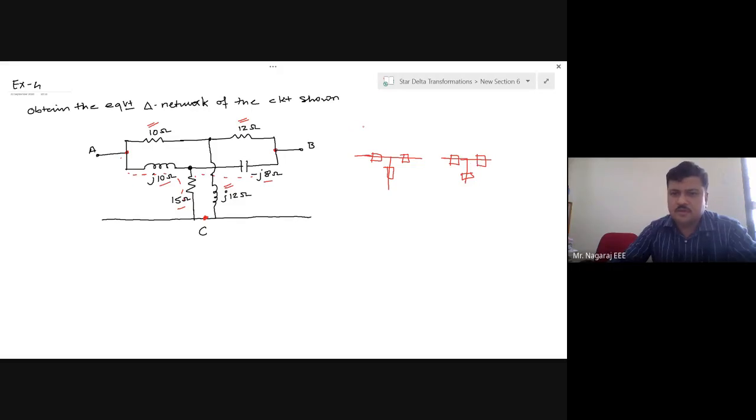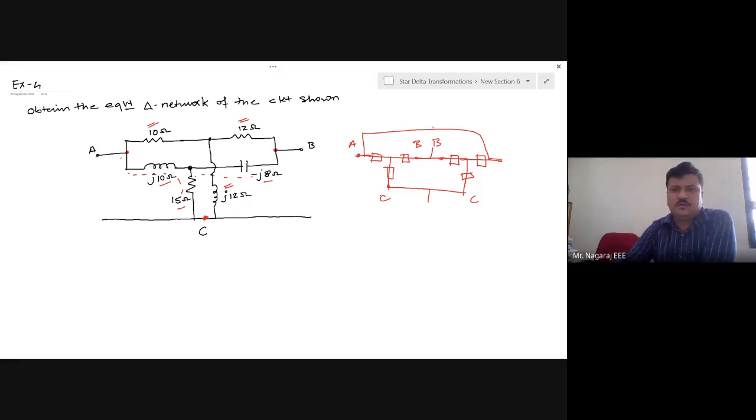And I have three terminals A, B and C. So two star networks are connected in parallel.